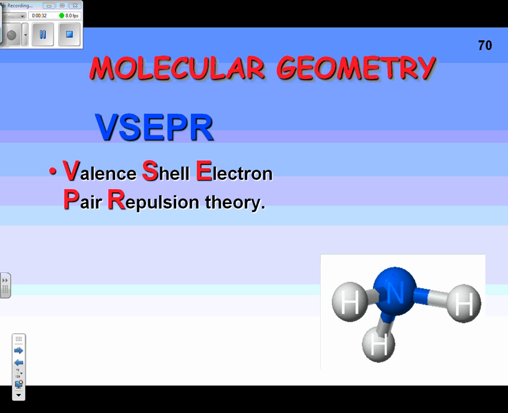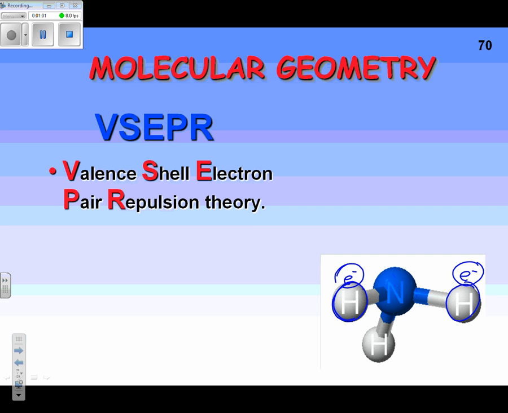VSEPR stands for valence shell electron pair repulsion. On the outside of every atom, we have electrons, and on the outside of another atom, we have electrons. When two negatively charged pieces try to get together, they are repelled from one another, causing the atoms to be oriented as far apart as possible.